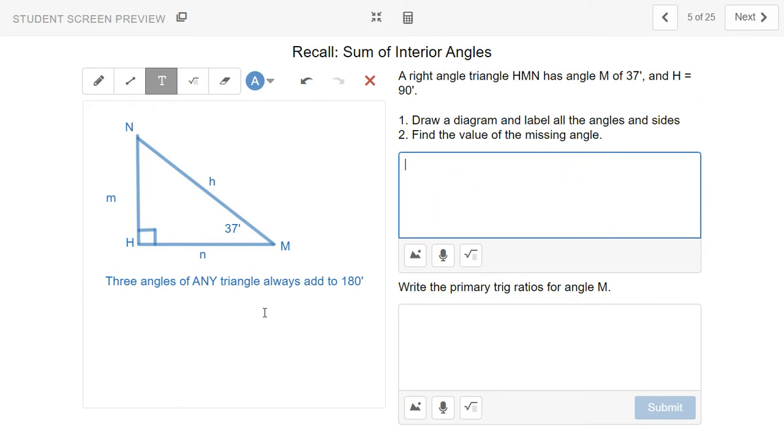So for us to find the missing angle, since we know that all three angles of any triangle will add up to 180, we can find angle N by doing subtraction. So we have N is equal to 180 minus 90 degrees minus 37. So we have N is equal to 53 degrees.